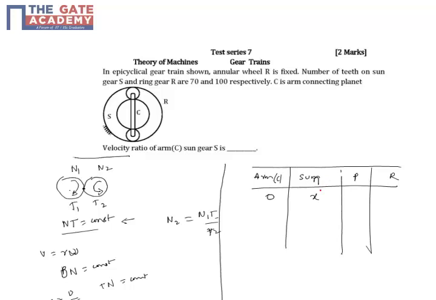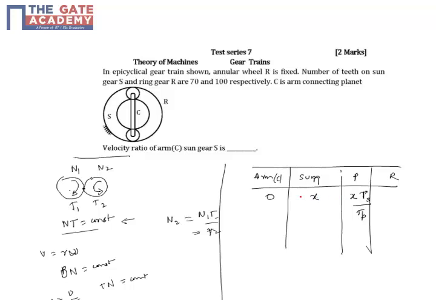As the sun gear moves by X, going by this formula, the planet will move with X into the teeth of the sun gear by the teeth of the pinion gear.